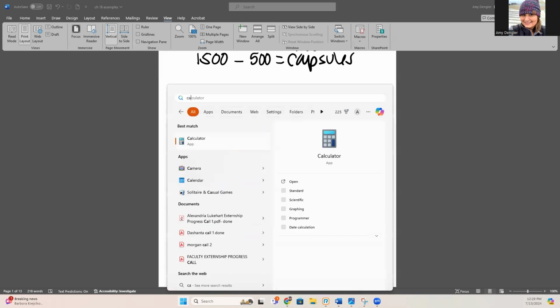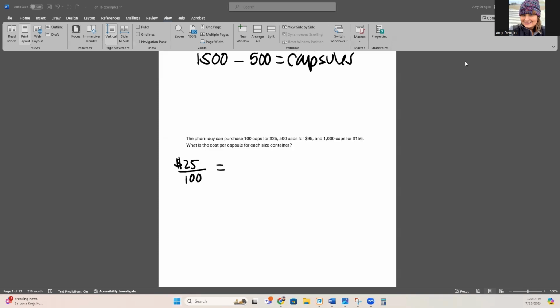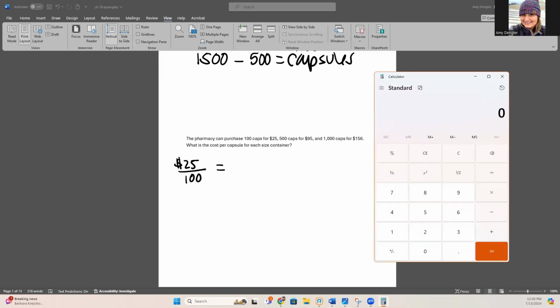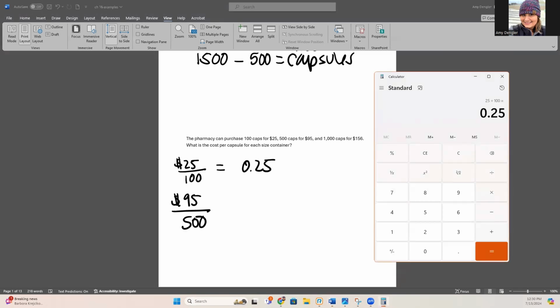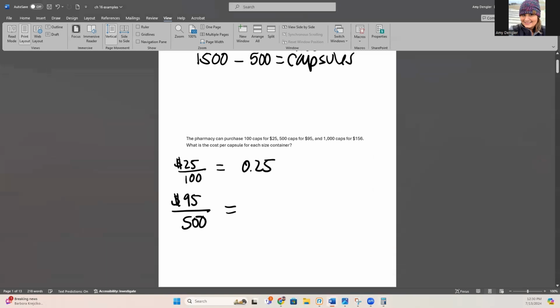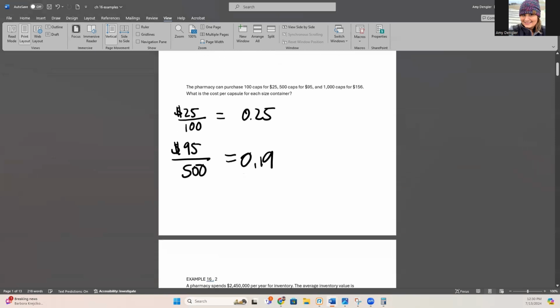Calculator. So 25 divided by 100 is 0.25. So it's 25 cents a capsule that way. The next one would be the $95 over 500. So then we would take our 95 and divide it by 500, and that would give us 19 cents.